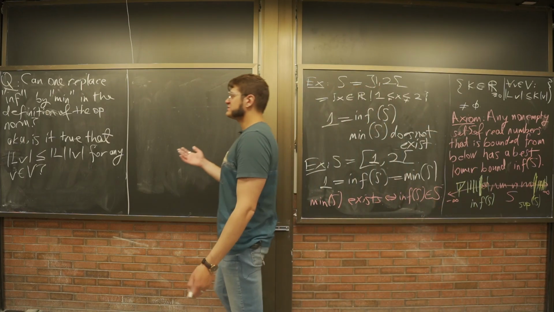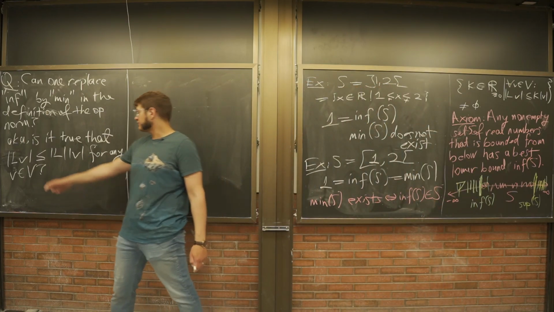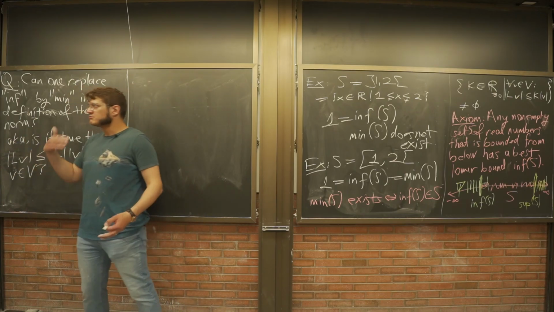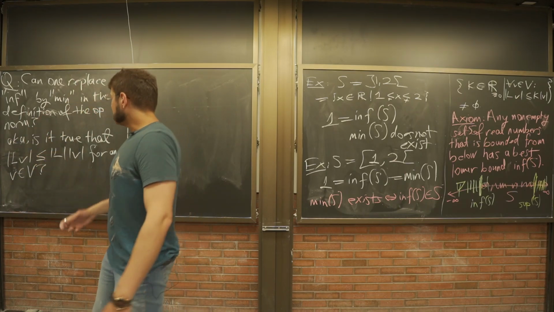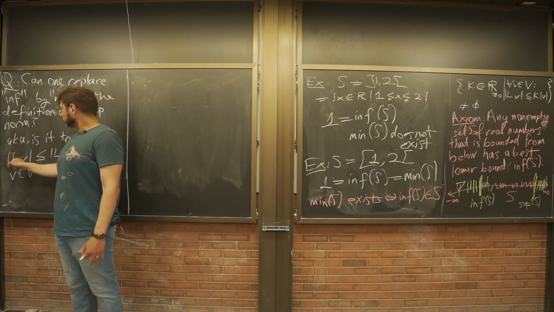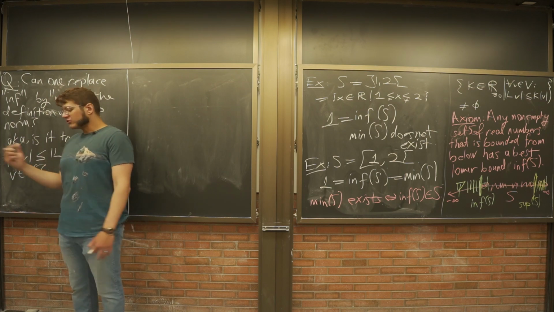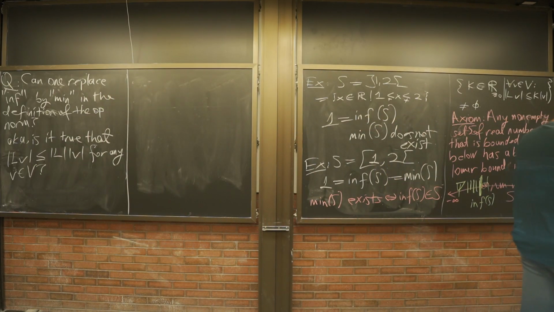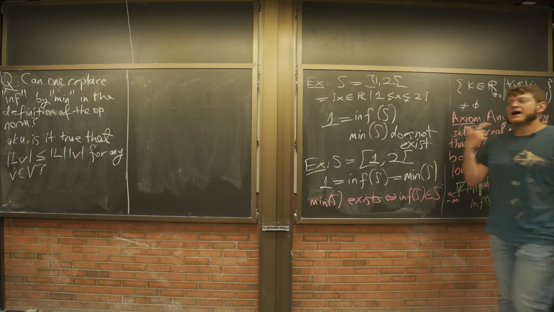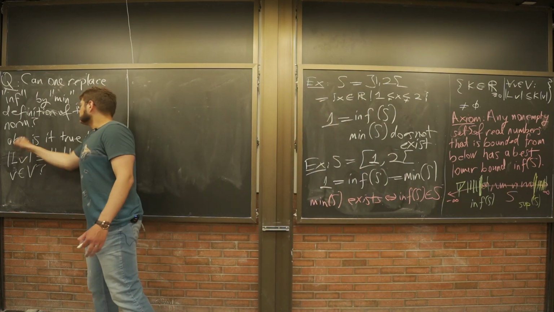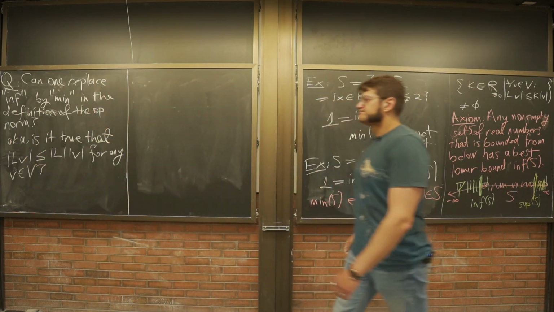Certainly, in one dimension, this is true. In fact, more is true: there's equality here. In one dimension, linear transformations are just multiplication by a number, and vectors are just numbers as well. So the absolute value of the product of two numbers is the product of the absolute values. That's fine. Now I'm asking about higher dimensions, and instead of equality, can I at least upper bound the norm of the image?